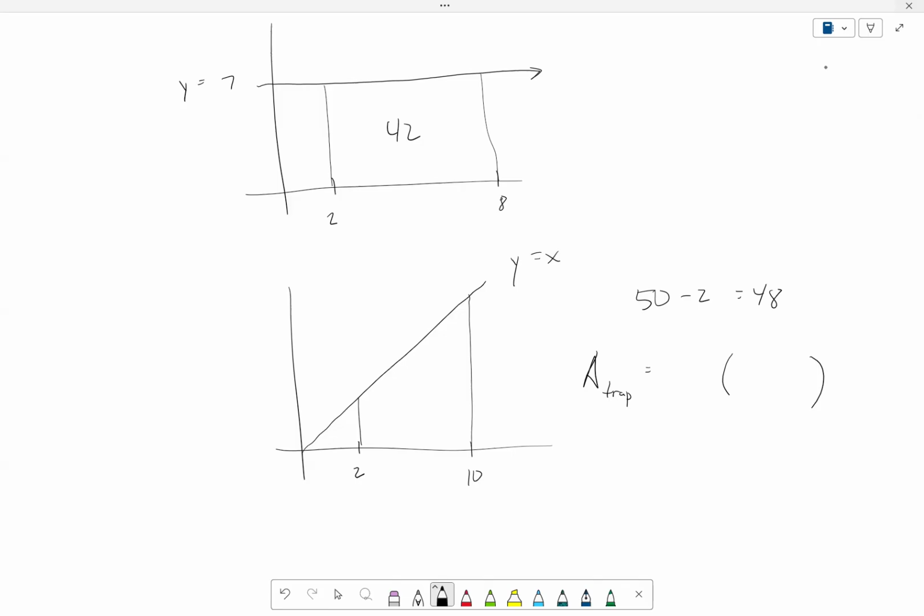Do you remember by any chance? Of the two bases? So like b1 plus b2, like this, in parentheses, times the height. Are we good with this?